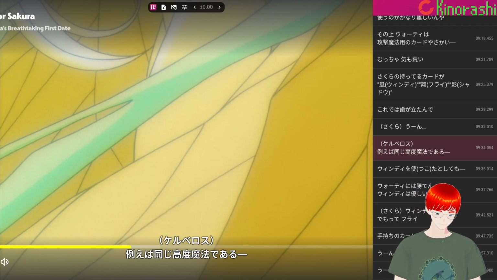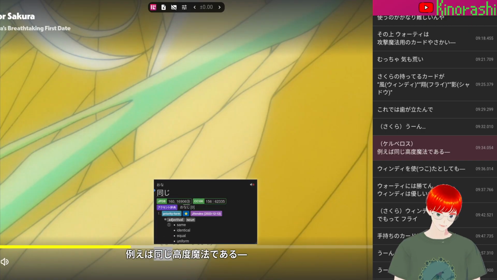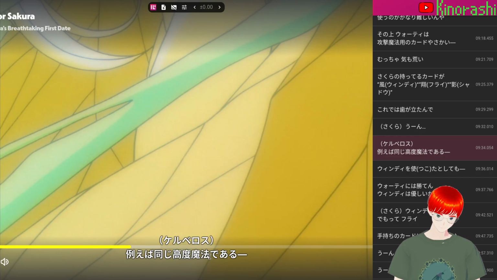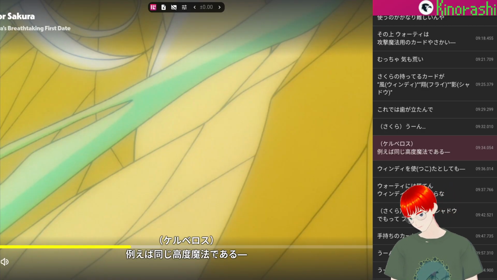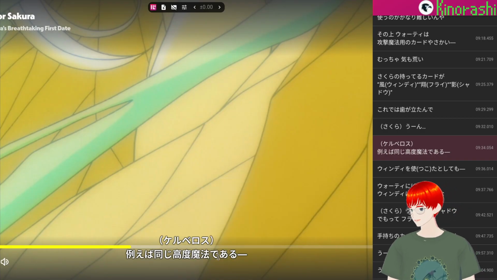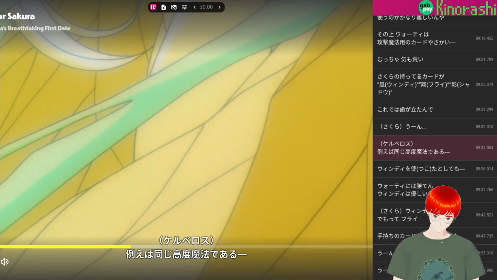So 例えば同じ攻撃魔法である. I wonder which de aru. Well, I guess it technically doesn't matter if this is meant to be de particle plus aru or de aru as in the really old copula, because they technically mean the same thing anyway, since that's where the copula came from.